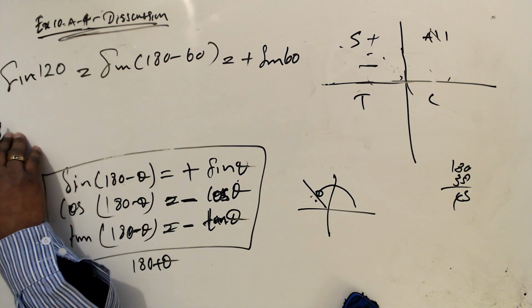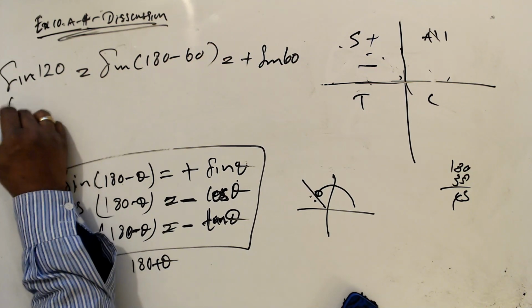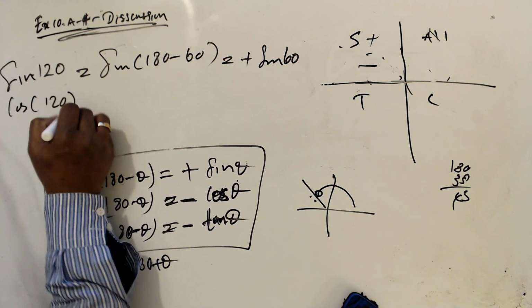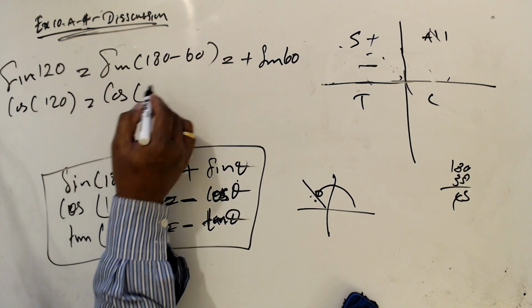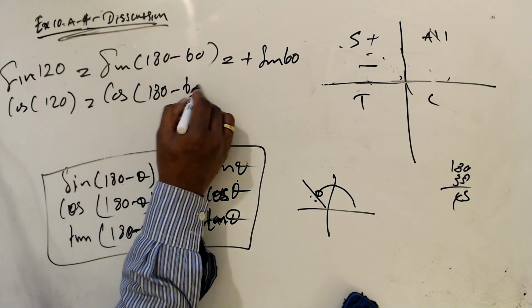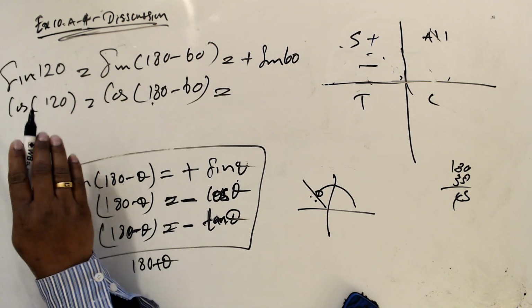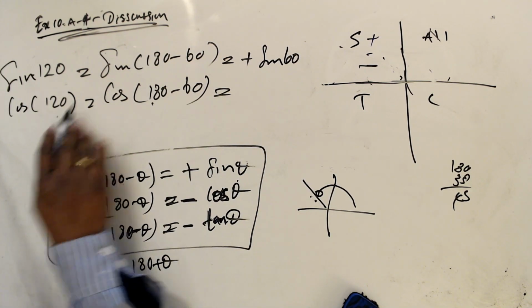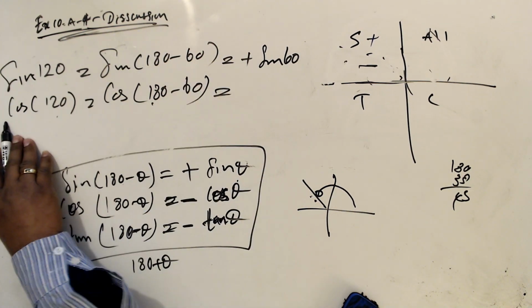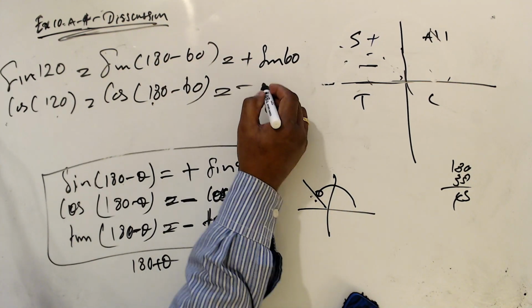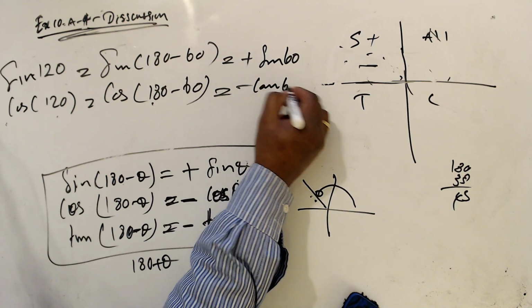The second one, cos 120. It means cos, I use with the aid of 180. Then I know, because 120 is in the second quadrant, the cos is negative. So then negative cos 60.